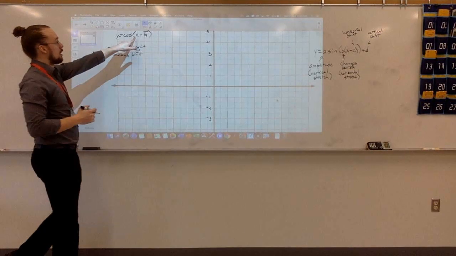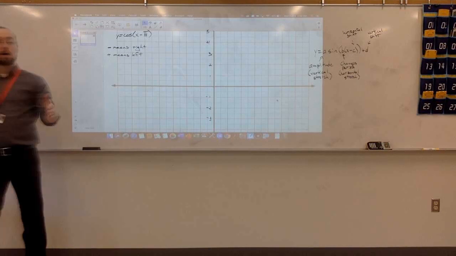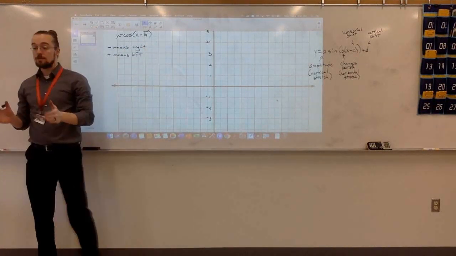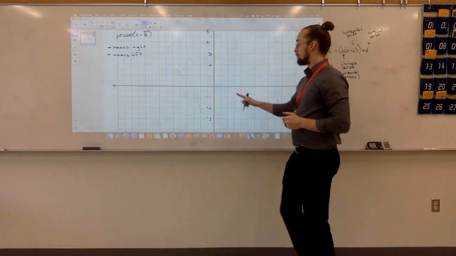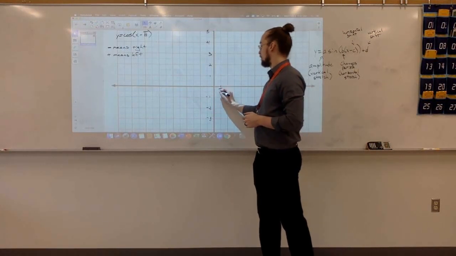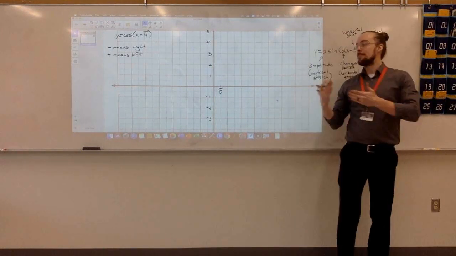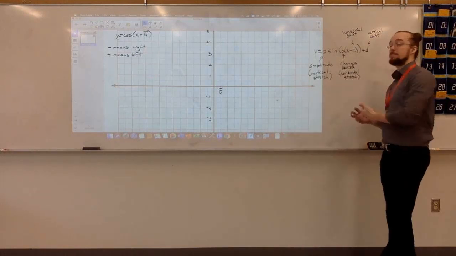So our normal period for cosine is 0 to 2 pi. I'm shifting that to the right, pi over 4. So my starting value, instead of 0, is now going to be pi over 4. My ending value is going to be 2 pi plus pi over 4.